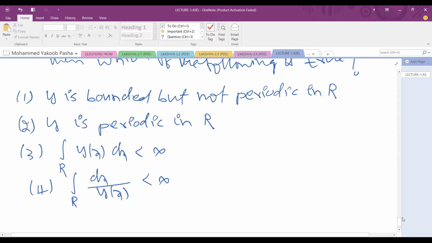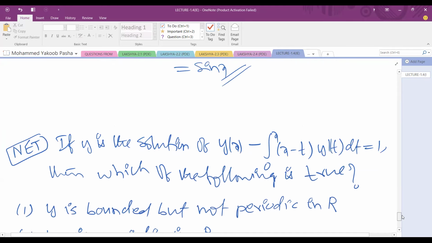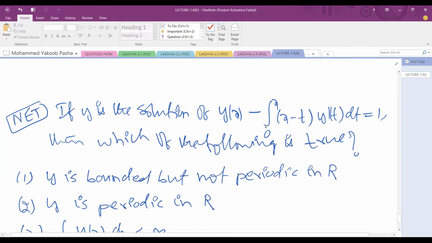First, you can see this is a Volterra integral equation: y of x minus integral 0 to x of (x minus t) into y of t dt. You can take this negative term to the other side.